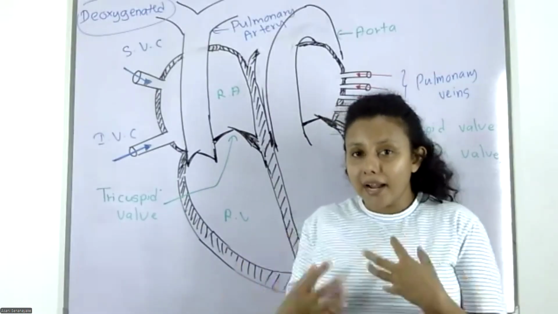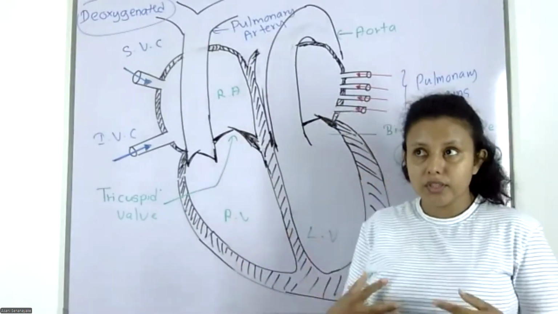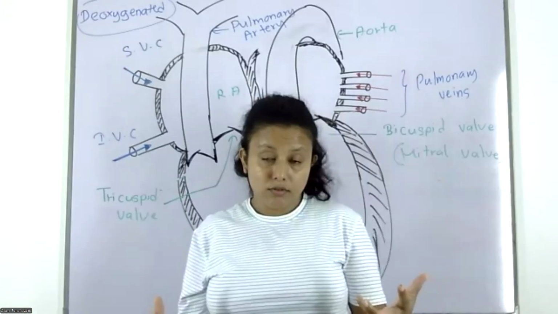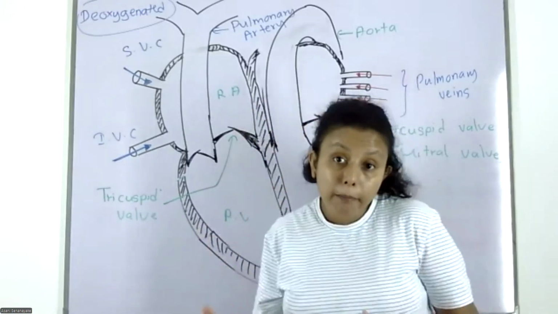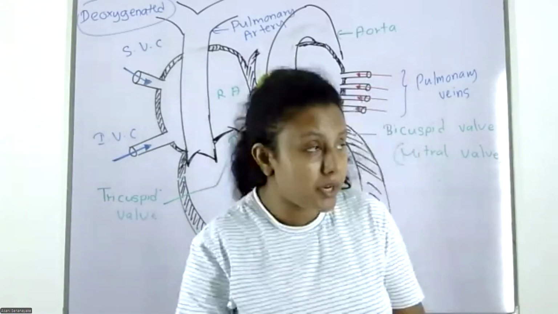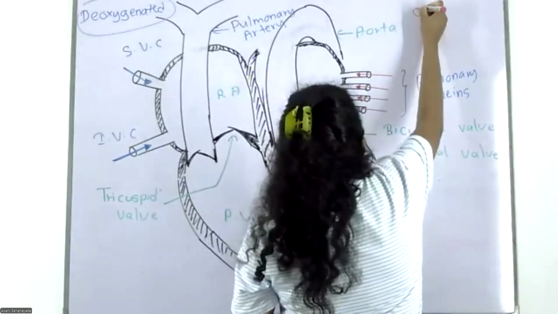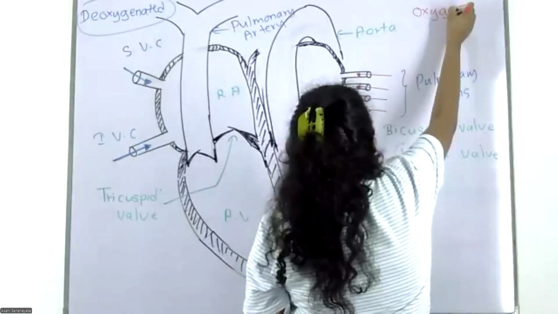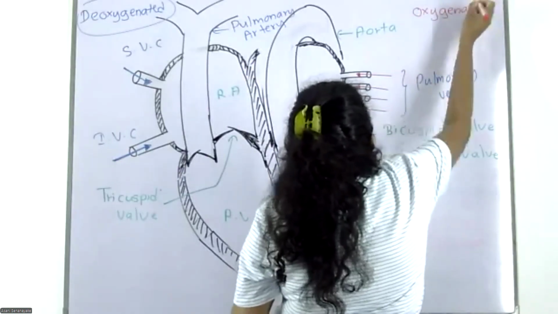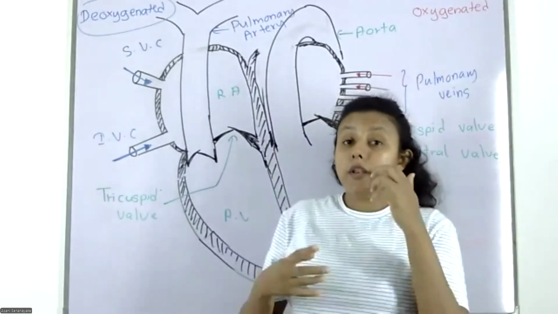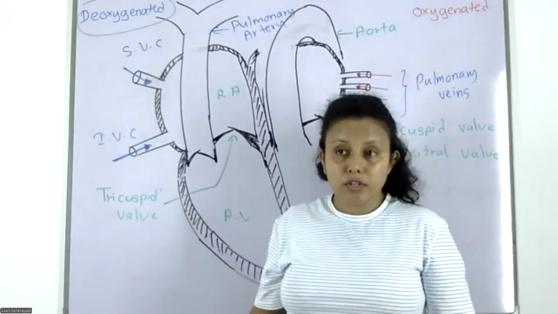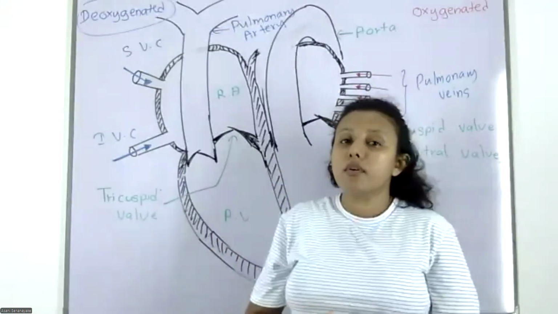So when the blood has more oxygen, when it has abundant oxygen, we call that blood oxygenated blood. When the blood has more carbon dioxide, that means it has a lower amount of oxygen.